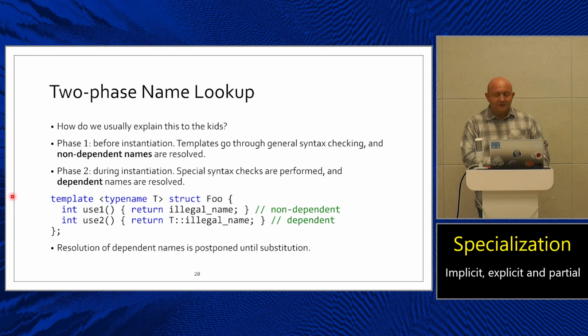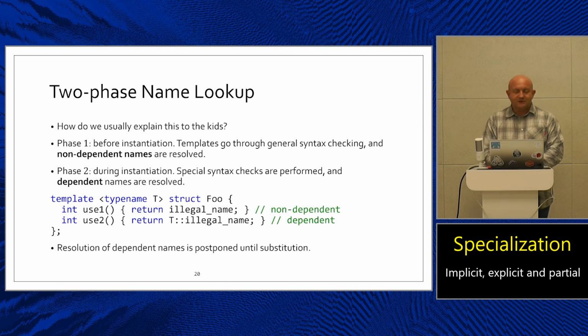If it's truly illegal, the compiler will catch it right here even if we never instantiate the template. Then comes phase 2, which happens during instantiation. This is when special syntax checks are performed and dependent names are resolved. This name, illegal name, is dependent on the template parameter T. Of course, T is part of this name. It's the qualifier.